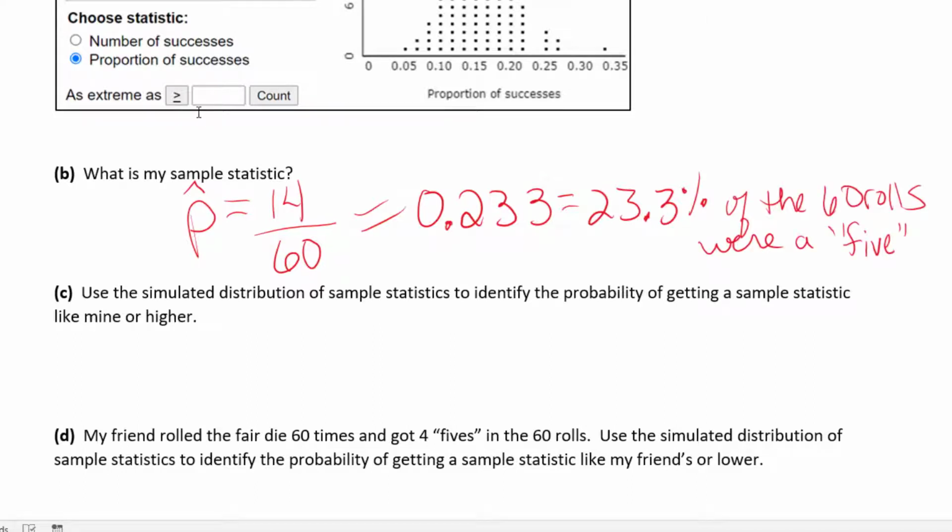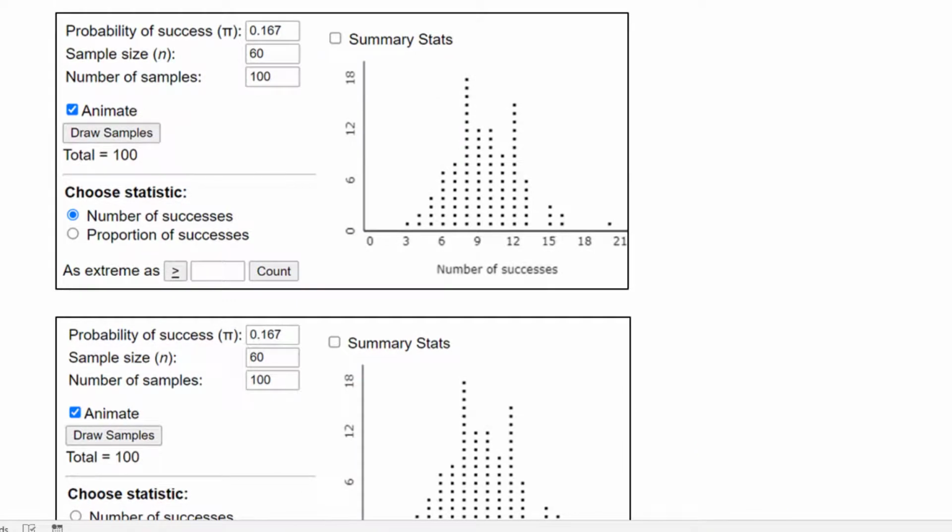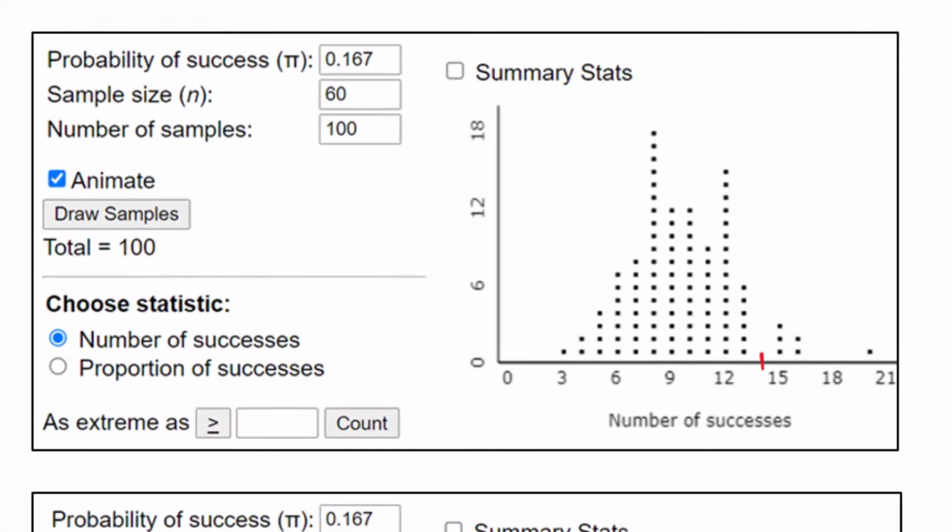Part C says, use the simulated distribution of sample statistics to identify the probability of getting a sample statistic like mine or higher. So my sample statistic was 14 fives out of 60. So if we look at the first distribution, we're talking about right here. So this would be 13. Here's 14. So we're asking how many of these simulated sample statistics were like my p hat equals 14 out of 60 or higher.